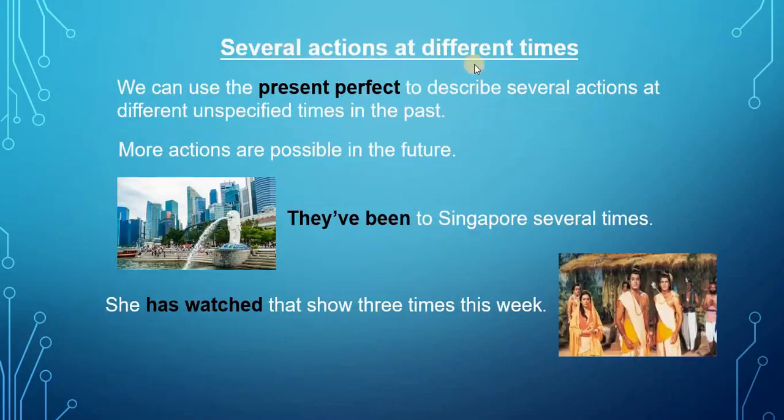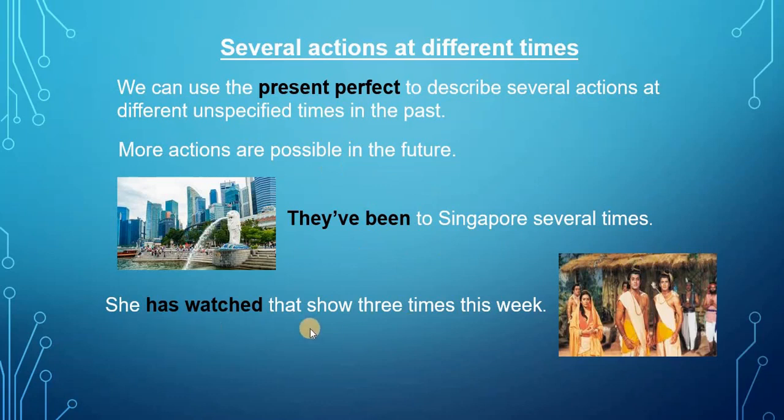Several actions at different times. We can use the present perfect to describe several actions at different unspecified times in the past. And more actions are possible in the future. Examples: they've been to Singapore several times.